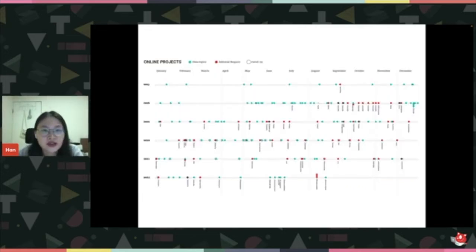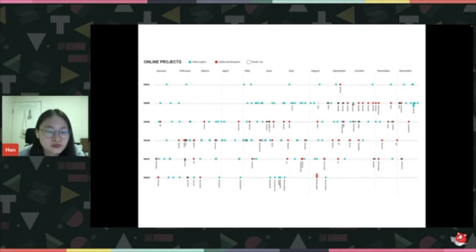I think a lot of you might be curious how we get the topics for the stories. This is a simple graphic showing you where our story ideas come from. As you can see, the little blue dots indicate the projects pitched by our graphics team.